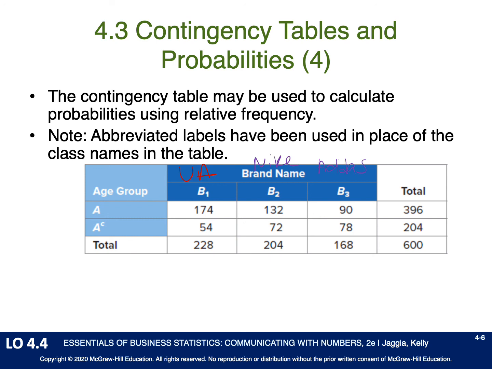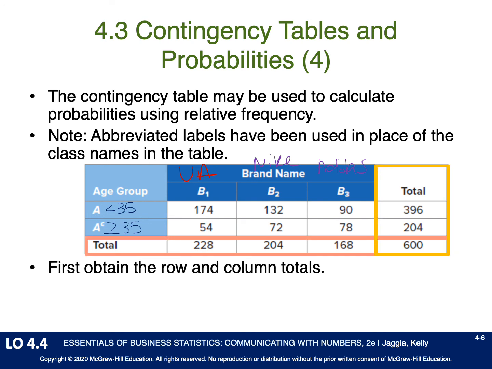And then our ages here, A was less than 35, and AC, which is the complement of A, is everyone who is not under 35. I wrote those backwards, sorry. So the age is under 35, and then AC, the complement, is everyone who is greater than or equal to the age of 35.